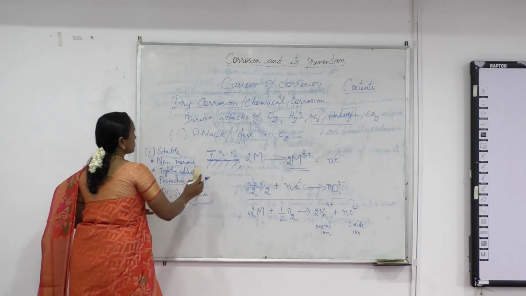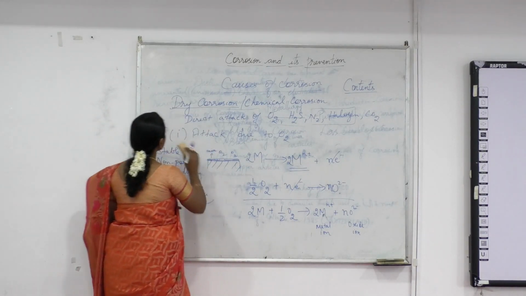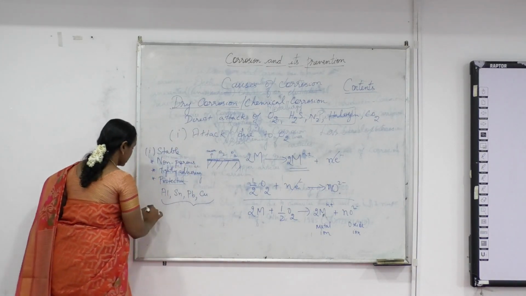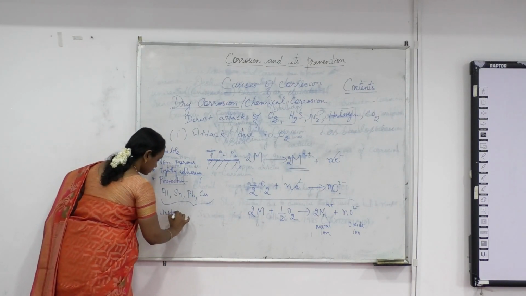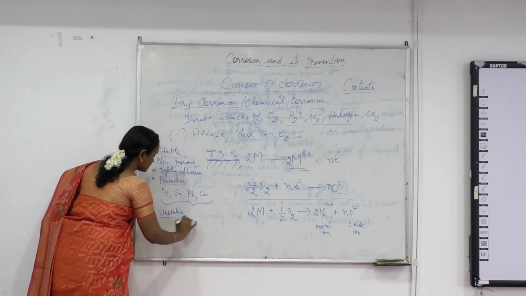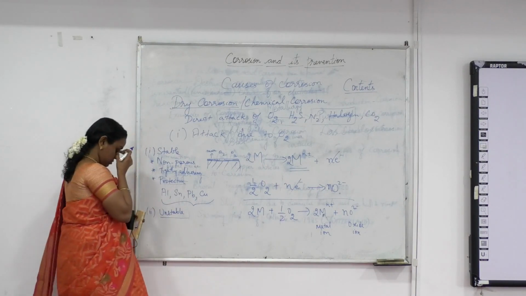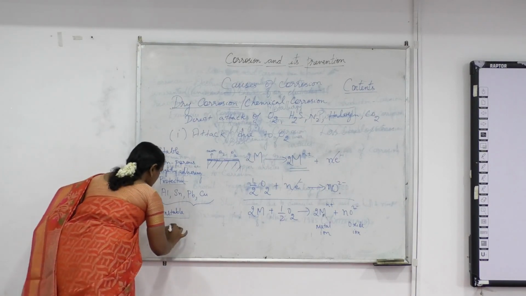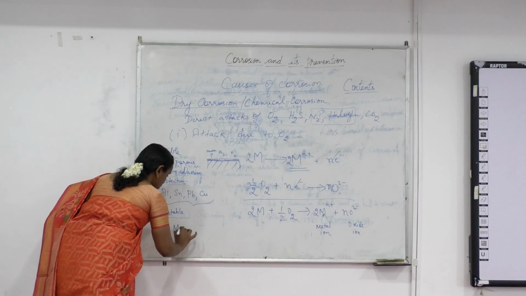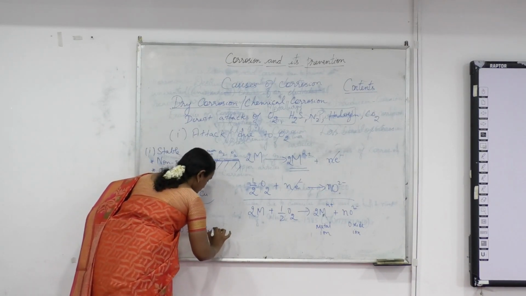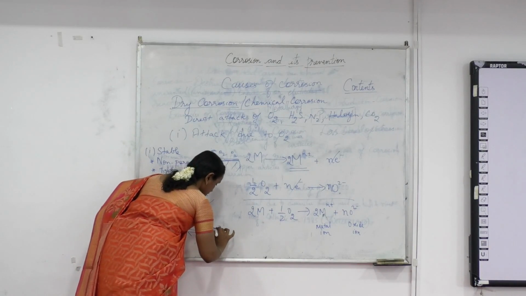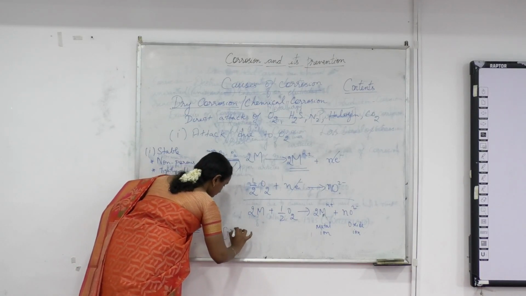Next, suppose the metal oxide that is formed is unstable. If it is highly unstable, what will happen? Then again it will form the metal ion and the oxide ion.